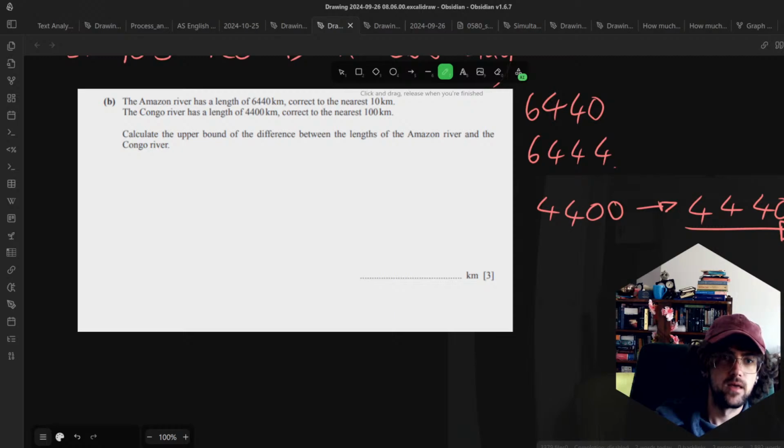Okay. So calculate the upper bound of the difference between the lengths of the Amazon River and the Congo River. So I'm just going to take them and subtract them. So 6, 4, 4, 4 minus 4, 4, 4, 0. It could have actually been 4, 4, 4, 9 even.